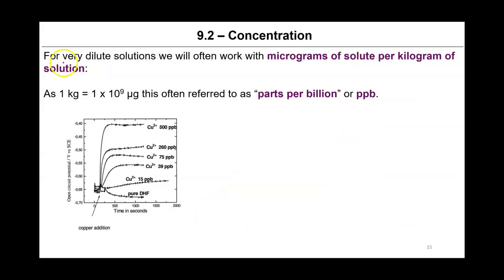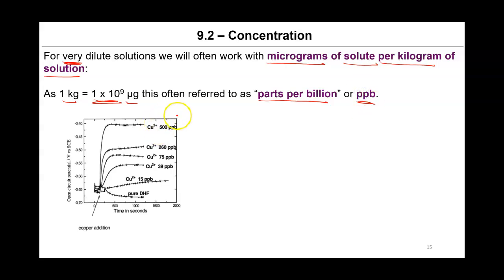Now, if things are very, very dilute, and a good example of this would be stuff like hormones, which are present in tiny, tiny little amounts, we might work in micrograms of solute per kilogram of solution. Now, it's worth noting that in 1 kilogram, there are 1 billion micrograms. And so for this reason, this particular unit is often referred to as parts per billion, or ppb.